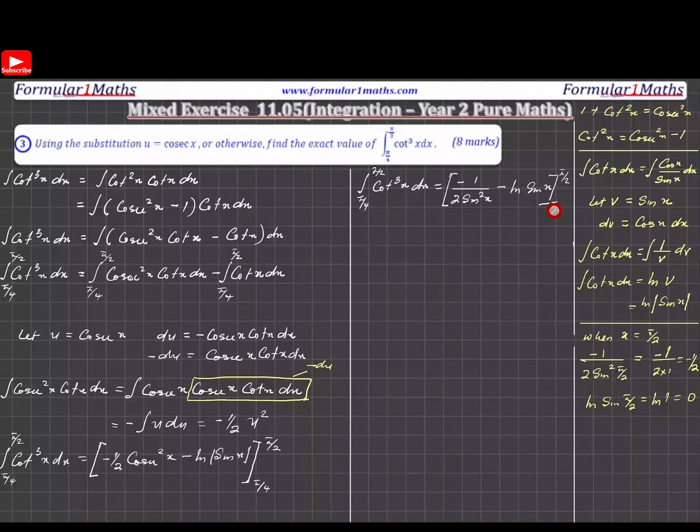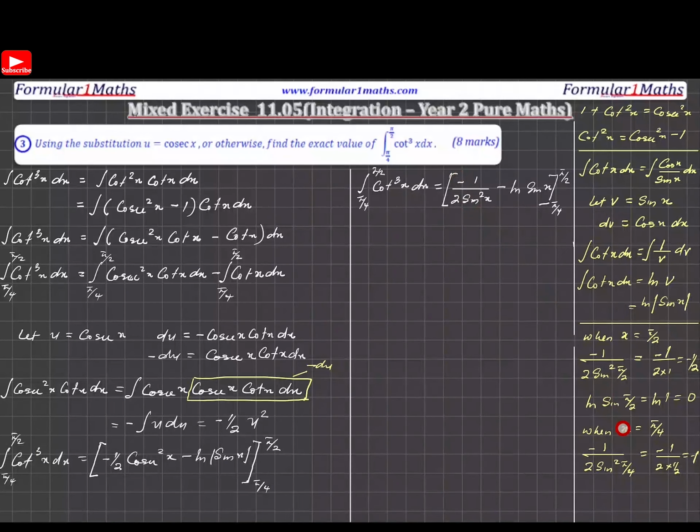For this limit here, pi over 4, when x is equal to pi on 4, sine pi on 4 is root 2 on 2, and if you square that, you're going to get a half. So for this term here, I'll have minus 1 over 2 sine squared pi on 4, and that equals minus 1 over 2 times a half, which equals minus 1.